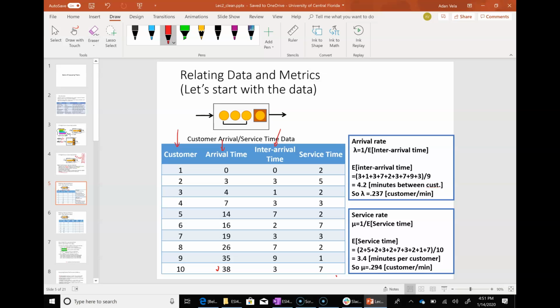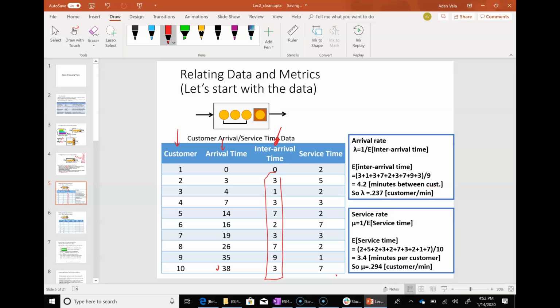If I took these numbers, added them up, and divided by 9, taking the average of the inter-arrival times, I get 4.2 minutes between customers. If I want to turn that into a rate, I just do 1 over that expected value, so 1 over 4.3, in units of customers per minute.